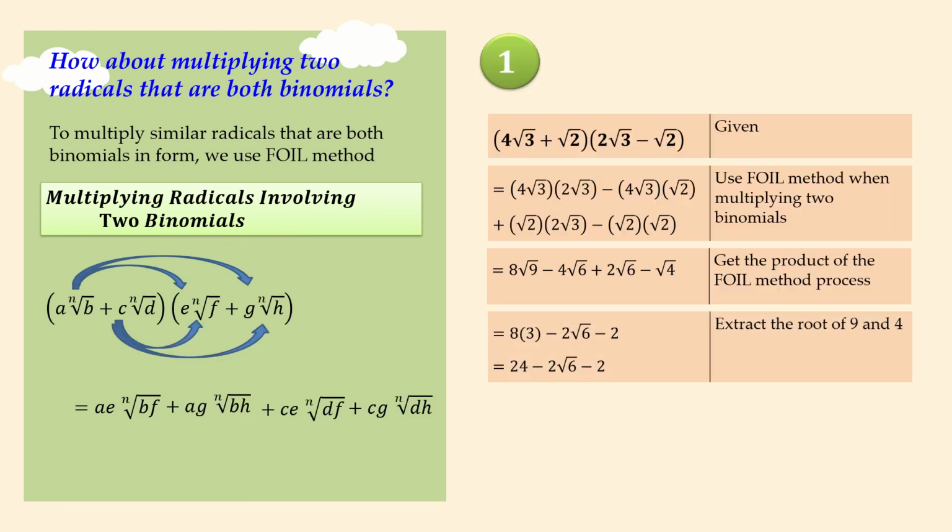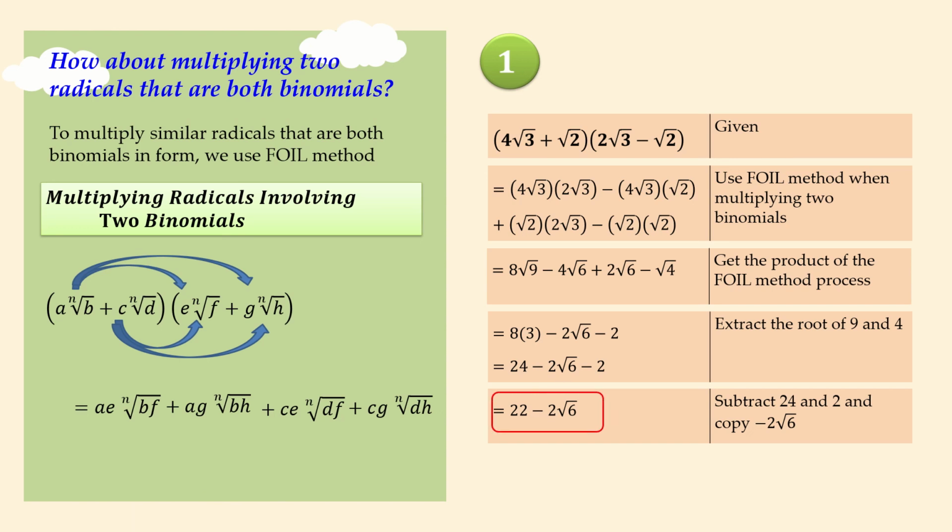So 8 times 3 is 24. Copy minus 2 square root of 6. Subtract 24 and 2, and copy negative 2 square root of 6. So 24 minus 2 is 22. Then copy minus 2 square root of 6. That serves as our final answer.